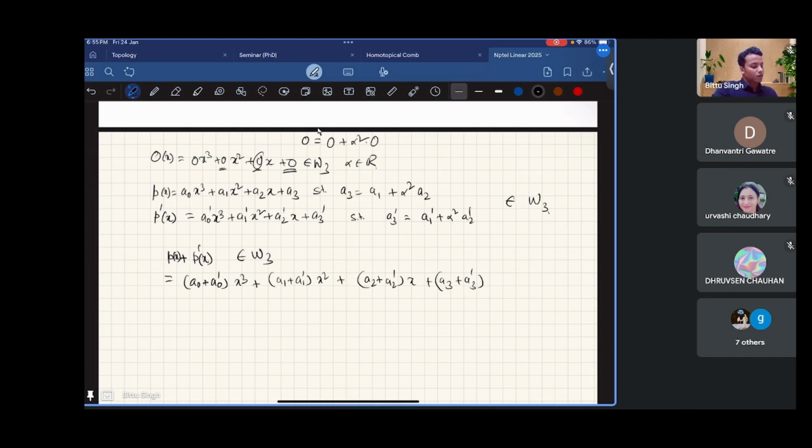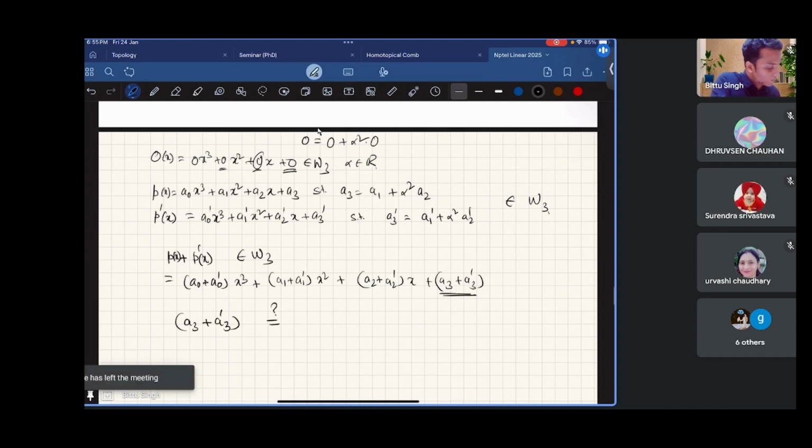Right? Now we need to check what? We need to check that the last entry, A3 plus A3 dash, is the same as A1 dash plus alpha square A2 dash. Here the first element is A1 plus A1 dash, and the second thing is plus alpha square times A2 plus A2 dash.